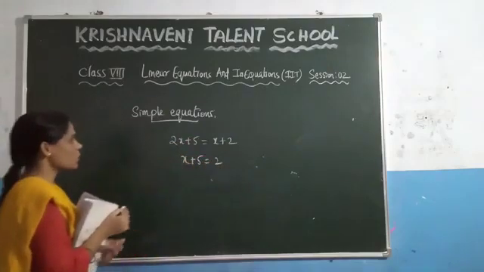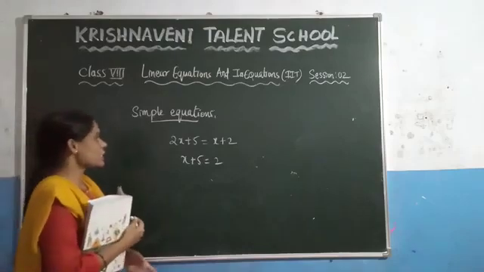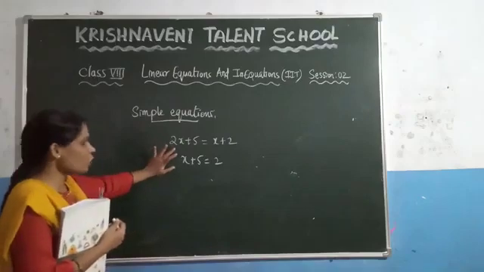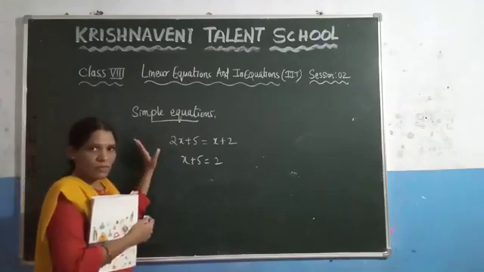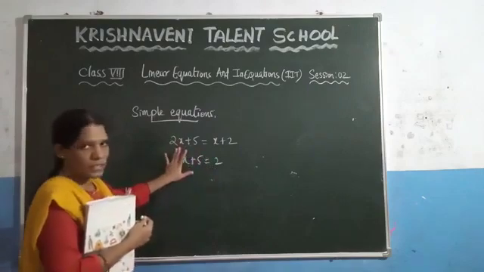These are examples of simple equations. What is meant by a simple equation is nothing but solving for the value of the variable. Here the variable is x, and you need to find its value.